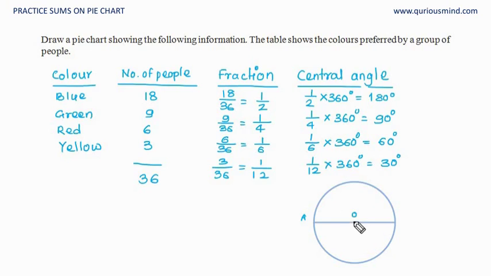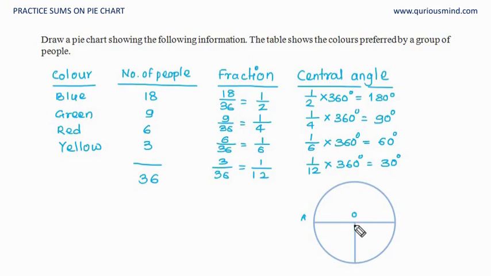Now I have to draw the next central angle with reference to this newly drawn radius. So from here I have to draw a 90-degree angle. So let me draw that. So I have the second pie, which represents green color. The third one is now 60 degrees, and for that I'm going to use this as the reference.